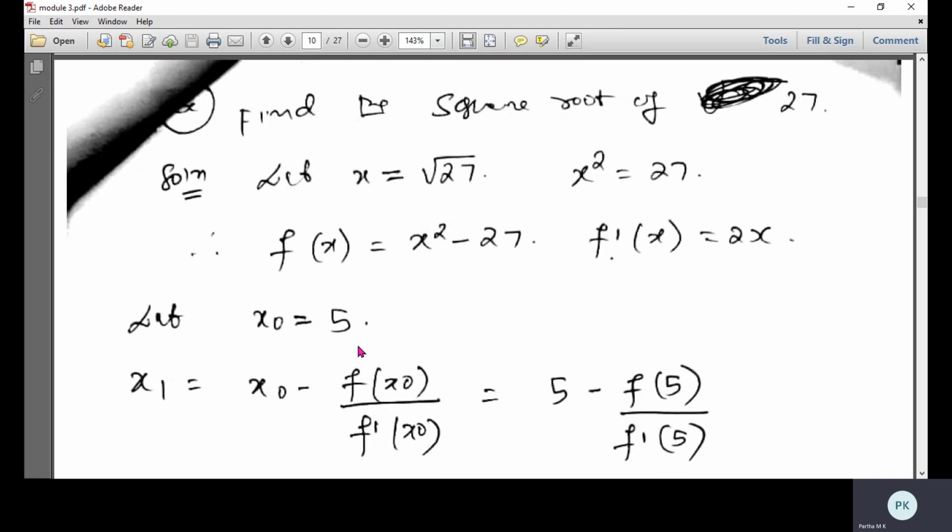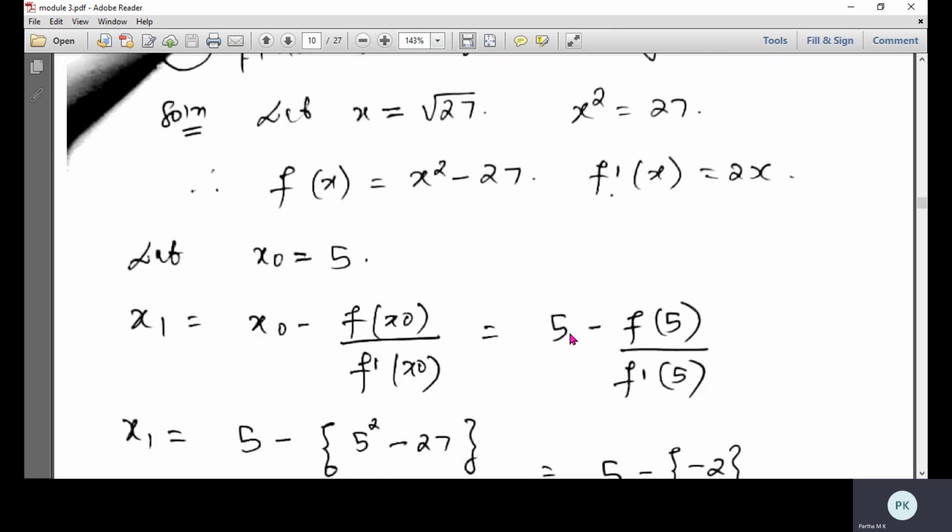So therefore, I will start with x0 is equal to 5.